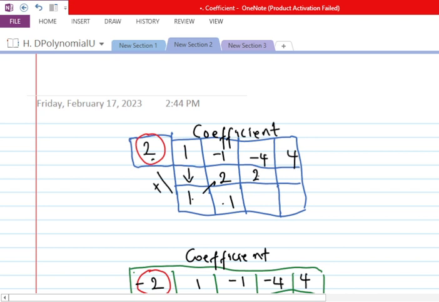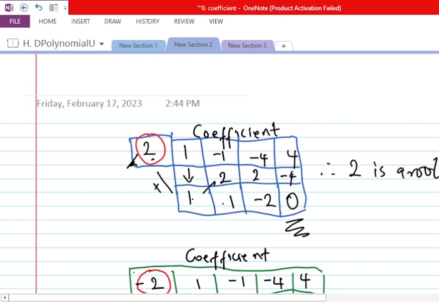So minus 4 plus 2 gives us minus 2. Next step, this 2 again times minus 2 gives us minus 4. So 4 minus 4 is 0. To know if a number is a root, the end answer, if it's 0, means that number is a root. So since we have 0 here, 2 is a root.